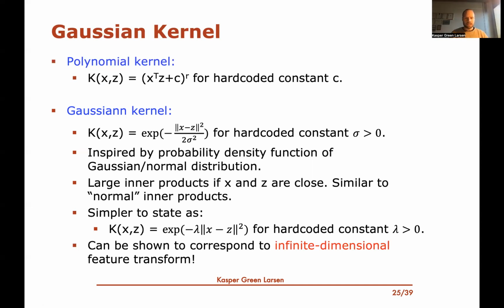Now, of course, it's not at all clear that this corresponds to an inner product between any type of feature transform vectors, but one can show that this corresponds to doing an infinite dimensional feature transform. So one can map into infinite dimensions, whatever that means, but in some sense you can map into really, really long vectors, and their inner products in this feature transform space would correspond to the evaluation of this Gaussian kernel.